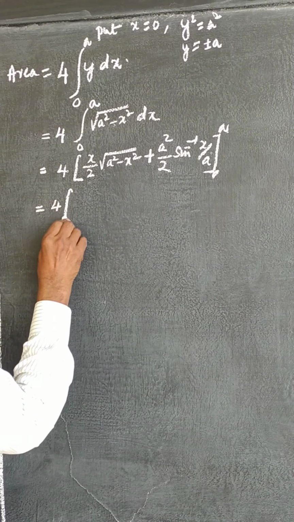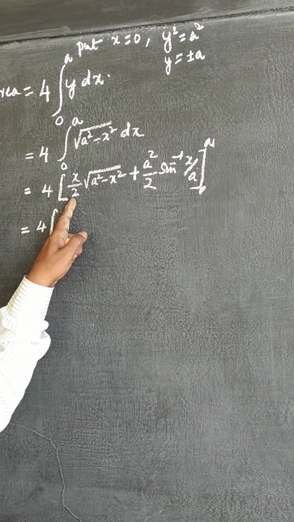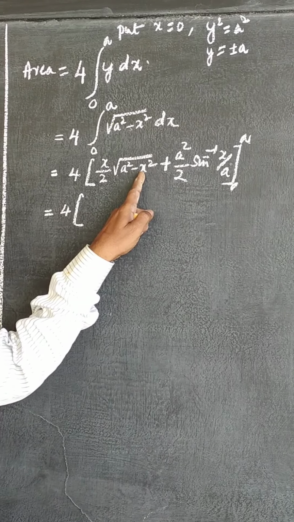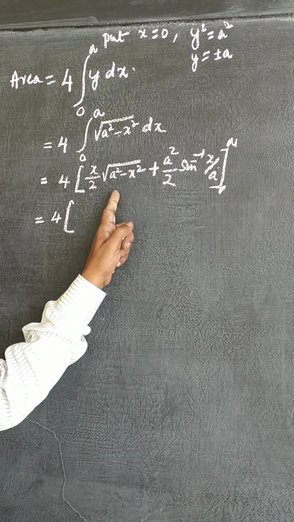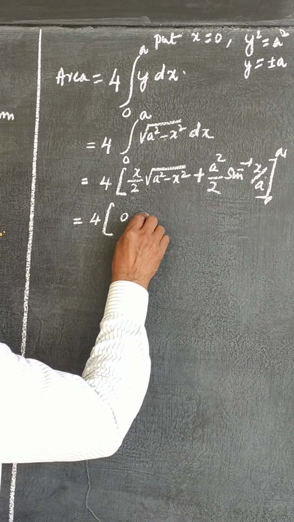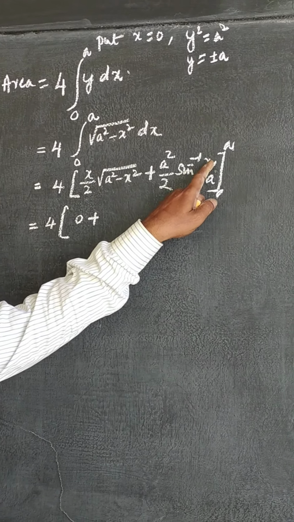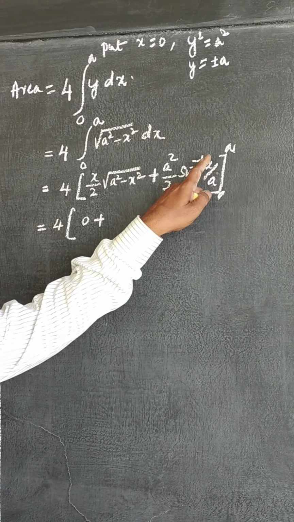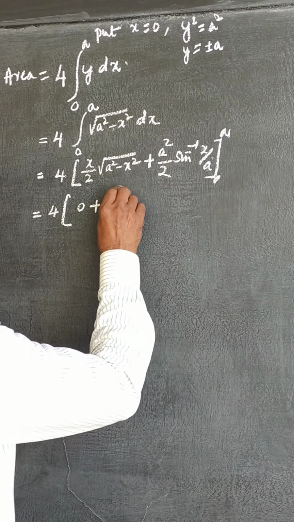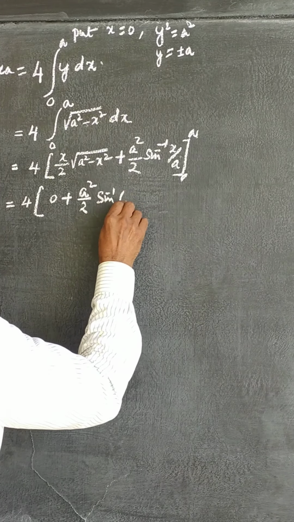So upper limit, when you put x is equal to a, it becomes a square minus a square, and therefore it becomes 0. So the entire term gets 0. Then here, when you put x is equal to a, you will get a by a, which is equal to 1, and therefore this becomes a square by 2 sin inverse 1.